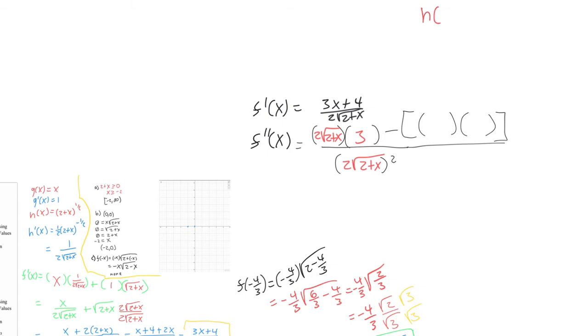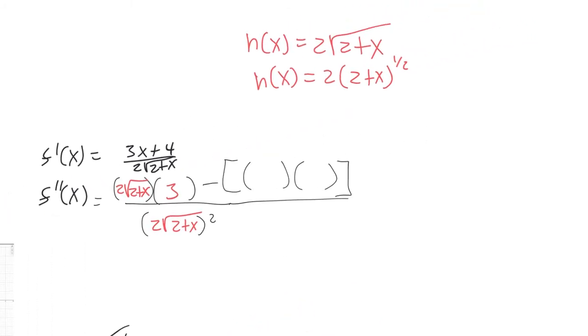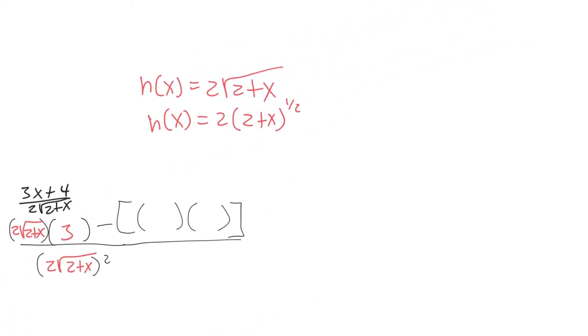We're going to imagine that the function called 2 times radical 2 plus x is h of x. And if we were to find h prime of x, it might be helpful to first reconceptualize h of x as 2 times 2 plus x raised to the 1/2, and therefore h prime of x would end up becoming, bringing the 1/2 out front using the power rule, 1 times 2 plus x raised to the negative 1/2.